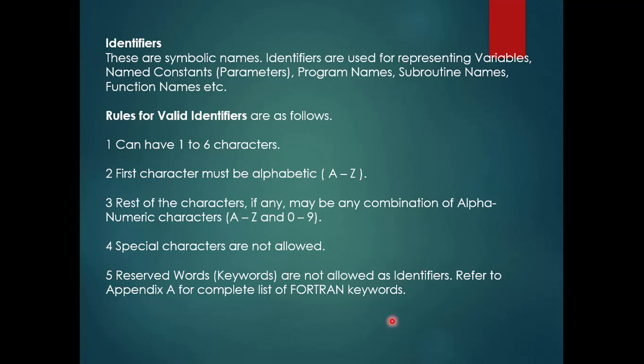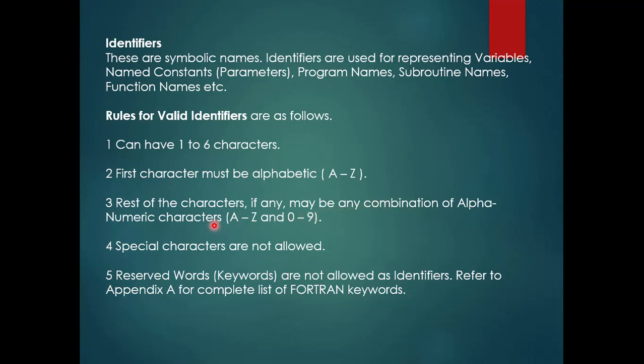There are certain rules for how to write an identifier. It should have 1 to 6 characters. This is the first rule. Then the first character should be alphabetic. Then the rest of the characters can be a combination of alphabet and numeric.